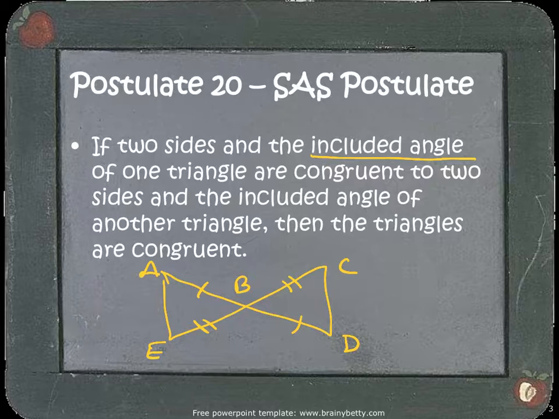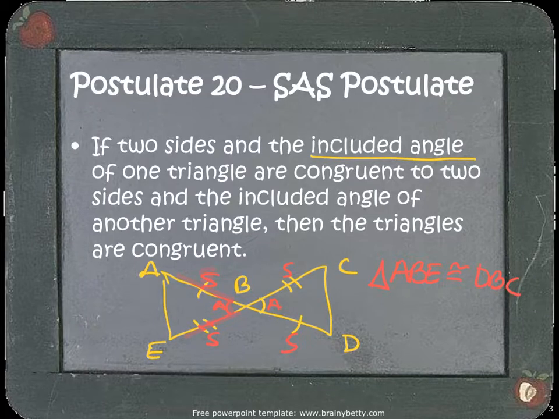Good. All right, so I can show that this angle is congruent to this because they're vertical angles. Now that I've established that I have a side, an angle, and a side, I can use my side angle side postulate to prove that these 2 triangles, triangle ABE, is congruent to DBC.